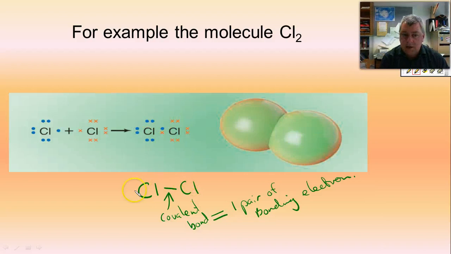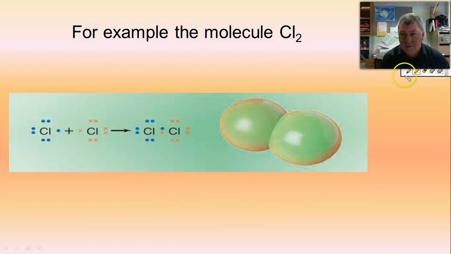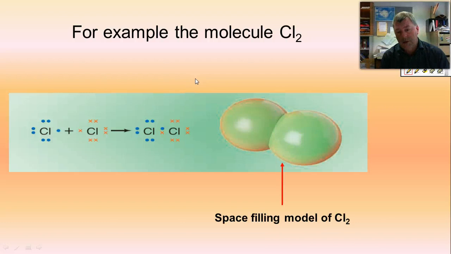But if you're just asked for the bonding or a representation of the molecule, you can just draw the covalent bond, because everybody knows that all the other lone pairs are there and they're happy. No one's worried about it. Here is the space filling model of Cl.